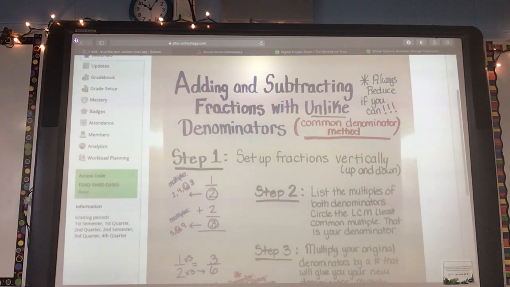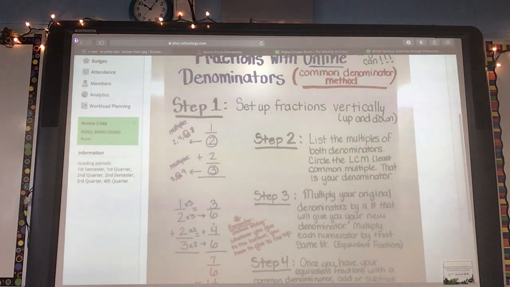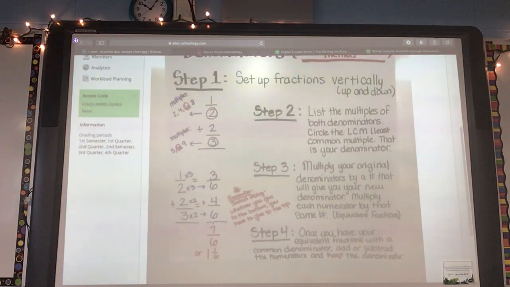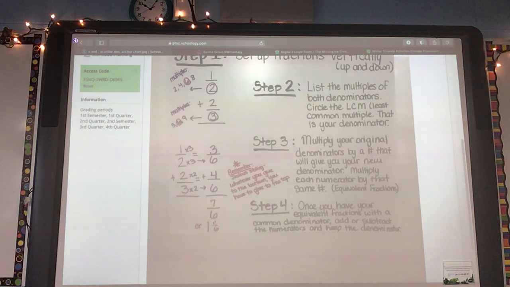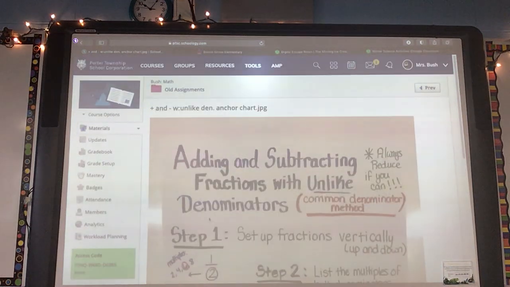And we know that to add or subtract, we actually have to have the same denominator, like denominators. So this is going to give us those steps and directions on how to do that. And then we remember that we always simplify at the end. Okay? So two very good help sheets. We're going to do some examples now, but I know you're going to probably be needing those when it's time to do your homework, okay?